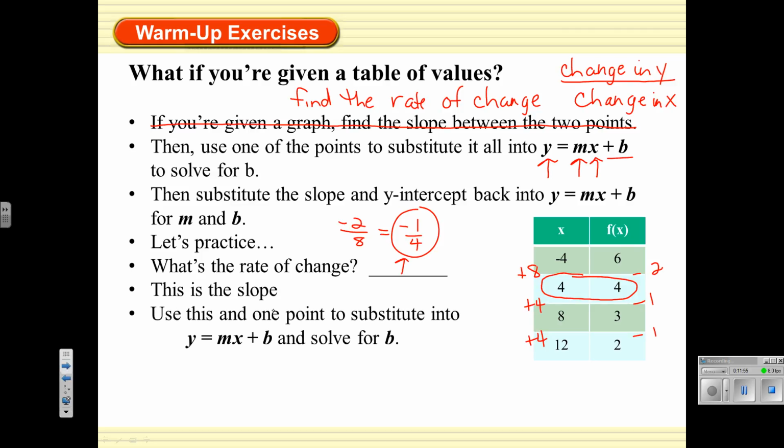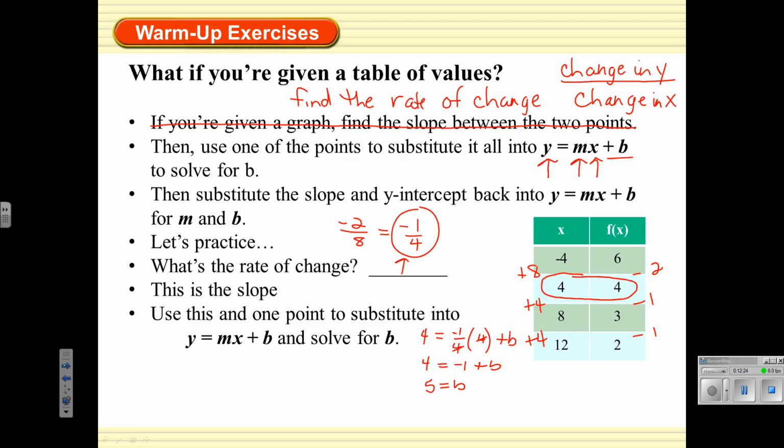So now I can use the slope and one point to substitute in and solve for b. So let's use (4, 4). Let's put in a 4 for my y, negative 1/4 for my slope, a 4 for x, and plus b, and let's solve for b. Okay, so this would be negative 1 plus b, so add 1 to both sides, and I get b equals 5.